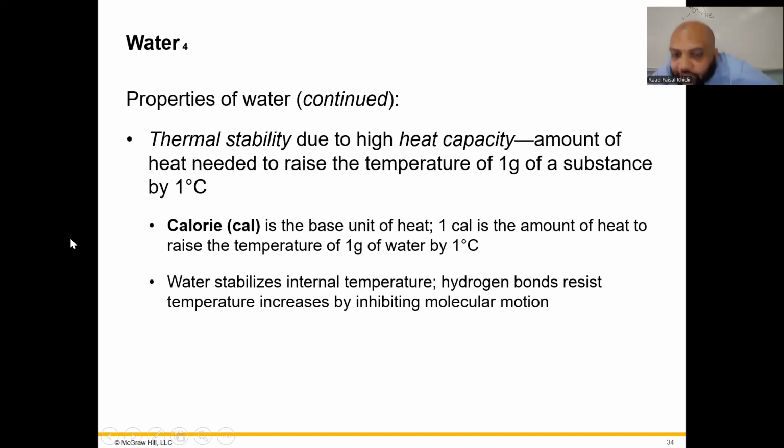I didn't talk about hydrolysis. Later on we will talk about a very important concept, the amino acids. Amino acids have an alpha carbon.